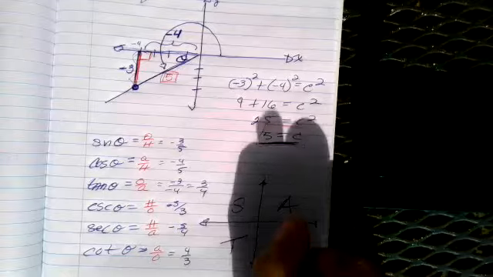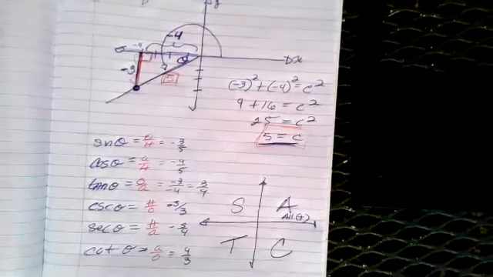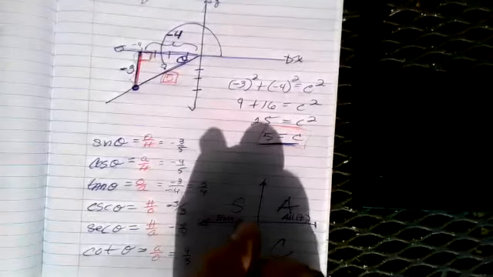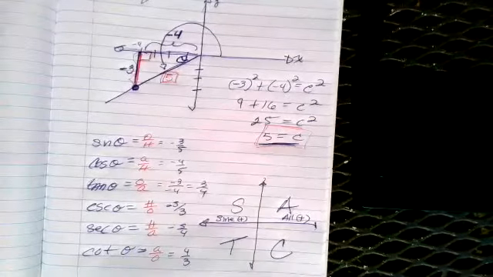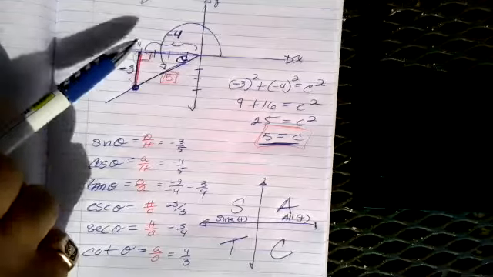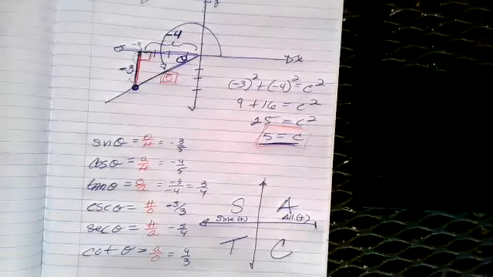The A stands for all positive. The S in the second quadrant means sine is positive, right? So that tells us that sine and its reciprocal cosecant will both be positive in the second quadrant. If our triangle was in the second quadrant, that would be the scenario.